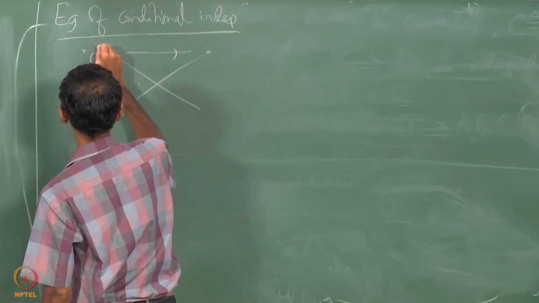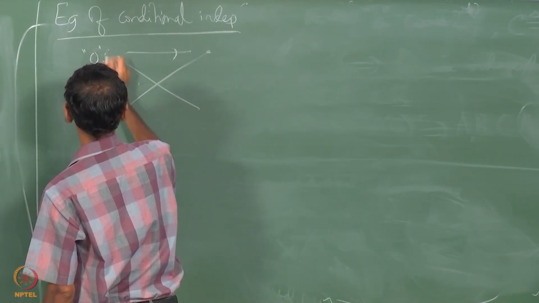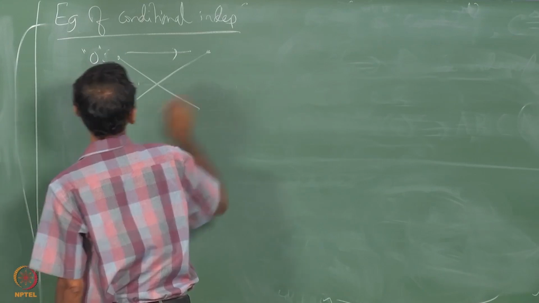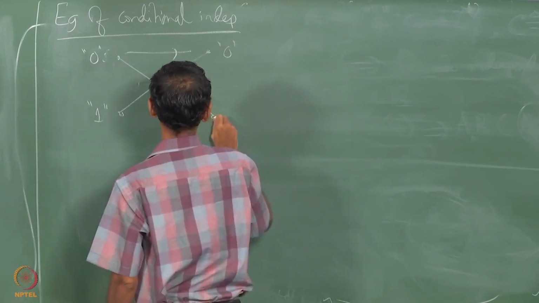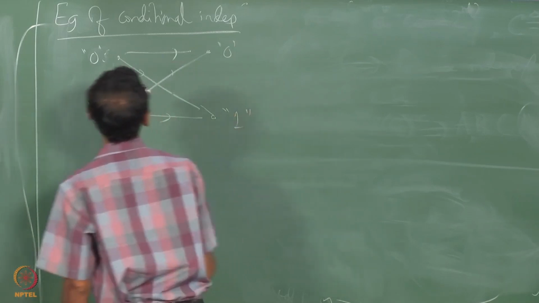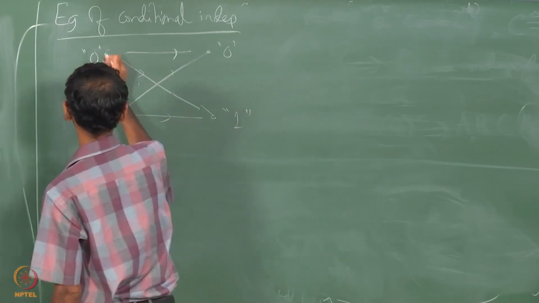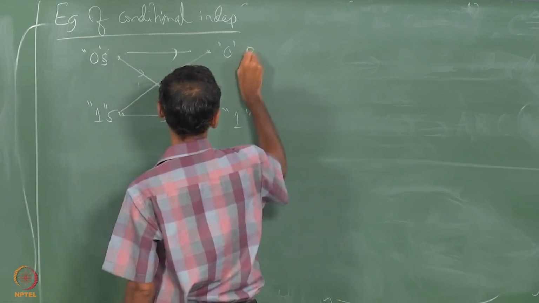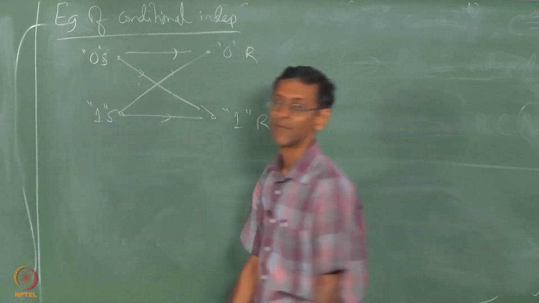Let us say this is 0 sent and 1 sent, and 0 received and 1 received. This is 0S, 1S, 0R, 1R.